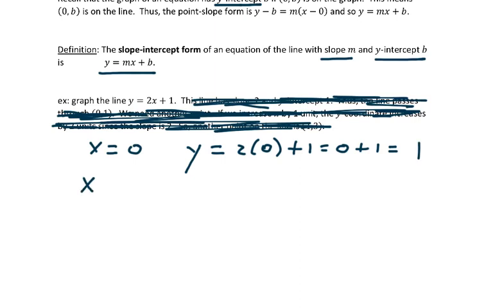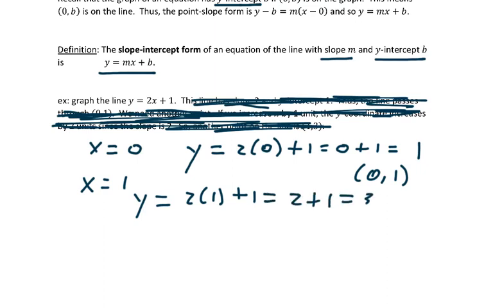So that tells us the point 0, 1 is on the line. If I take x to be something else, say, 1, then y is going to be 2 times 1 plus 1. That's 2 plus 1, which is 3. So in this case, our point 1, 3 is on the line.